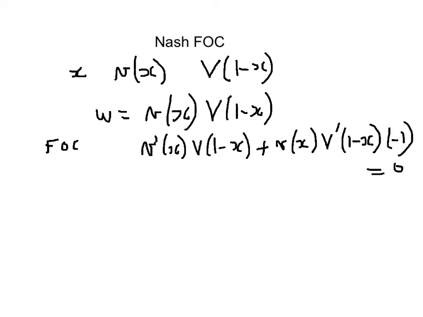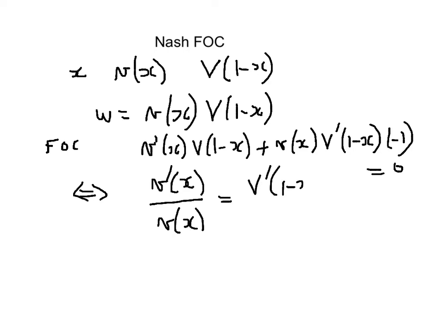Kind of ran out of space. So that simplifies to the ratio v prime divided by v is equal to the ratio of capital V prime divided by capital V. So the first order condition here simply says that the ratios of the marginal utility gain, defined as a proportion of the total utility experienced from the allocation of a share of the surplus, must be equalized for both parties.